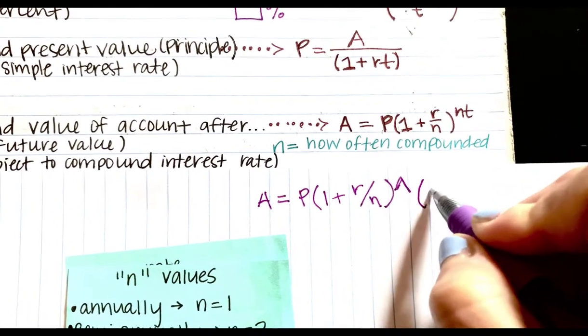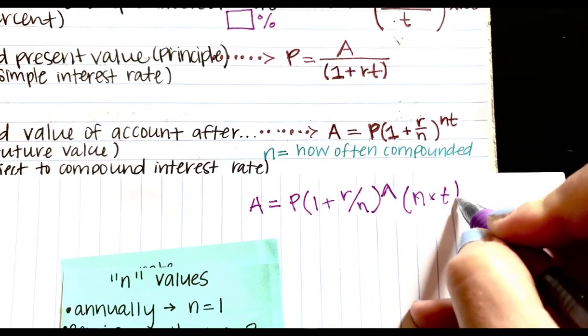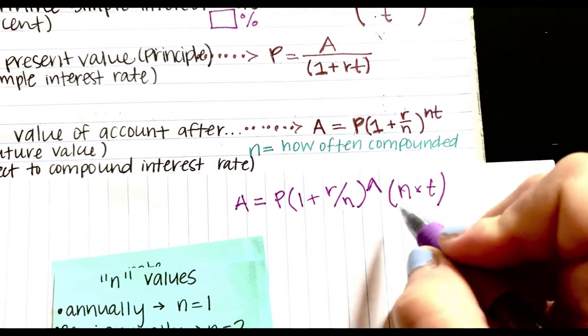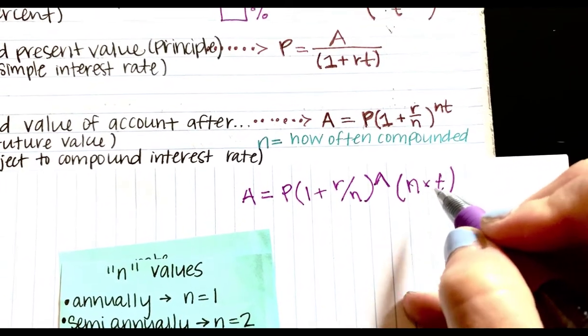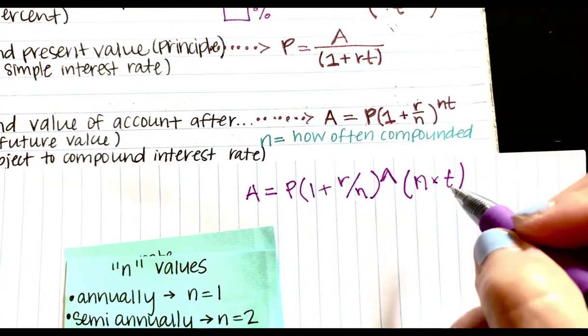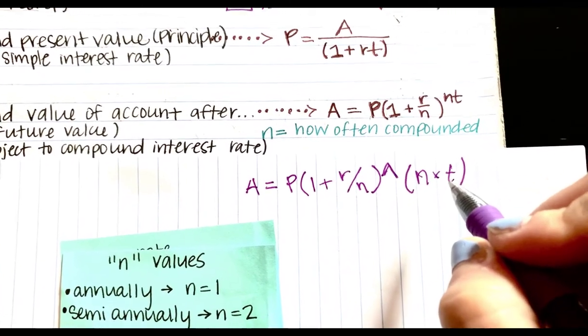Now, anytime you have your exponent where it's multiplying something, you have to put everything in the exponent in parentheses. If you don't put all this in parentheses, it's only going to take your N and not your T. So it'll take your N to the exponent, and then it'll start multiplying everything, all of this, by T, and you don't want it to do that.